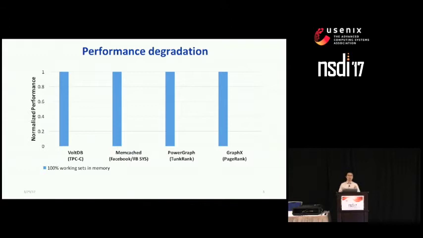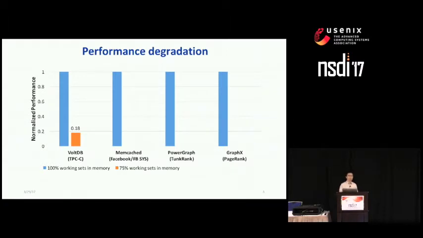Those blue bars show the normalized peak performance for each application when they have enough physical memory. We also capture the peak memory usage for those applications, and this will be used as the size of their working sets. Next, we shrink the memory size for each application, so only 75% of the working sets are in the physical memory.